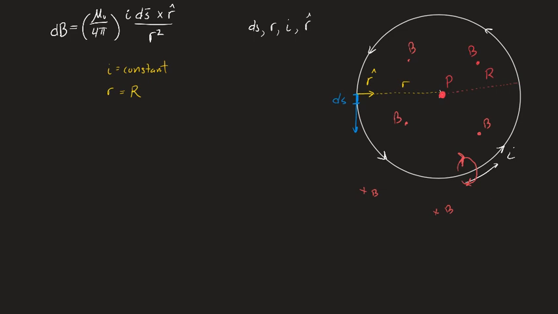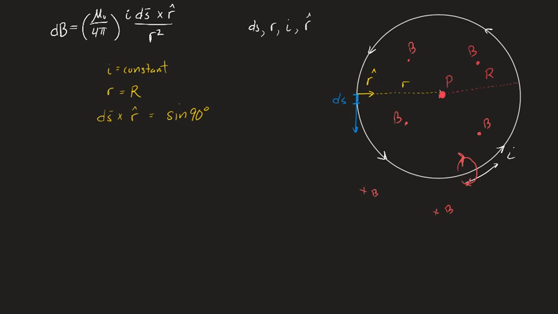Now, we only really need to worry about r hat in conjunction with ds, meaning how does this change for every ds? Well, in this case, it's the same. This is always going to produce a sine of 90 degrees because for every ds, we have a perpendicular between ds and r hat.